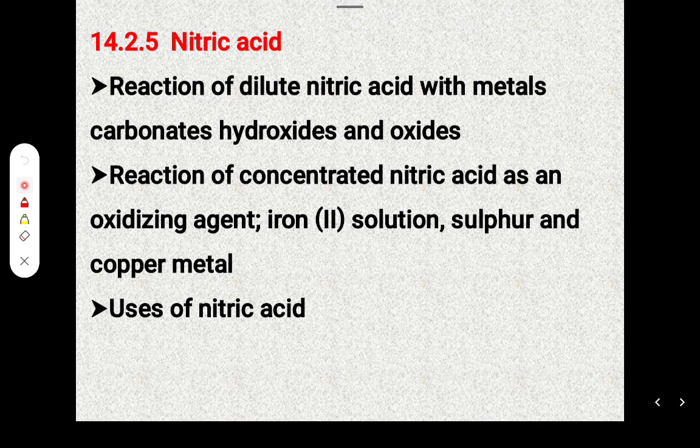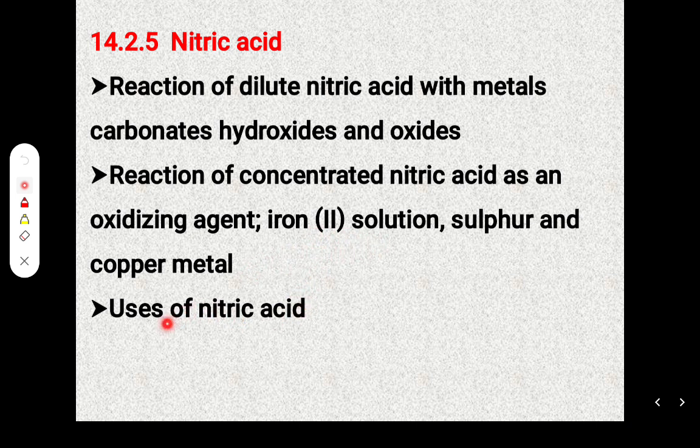Still on nitric acid, we shall look at reaction of dilute nitric acid with metals, carbonates, hydroxides, and oxides. And then we look at reaction of concentrated nitric acid as an oxidizing agent, with iron 2 solution, sulfur, and copper metal.